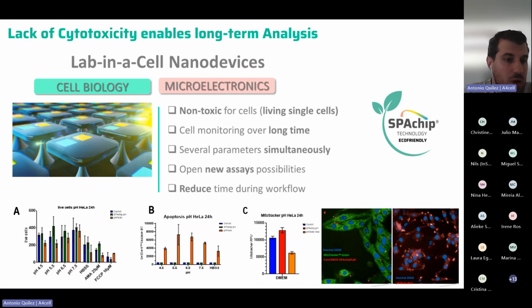Here in the graphs below, you can see some data, some analysis, how we have validated that the exposure of the SpheroCHECKs to the cells does not increase the number of dead cells and doesn't affect apoptotic signaling pathways or mitochondrial activity compared to other fluorophores that you can find in the market.